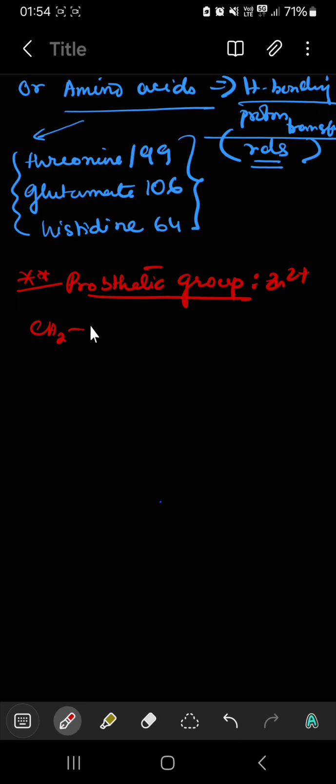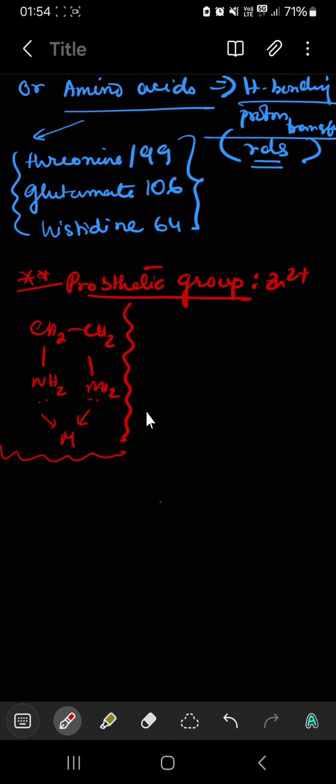This is chelation. This is a chelating ligand, ethylene diamine. They can chelate with their electron pairs to a metal center, and a 5-membered ring is formed. So this ring formation is chelation.